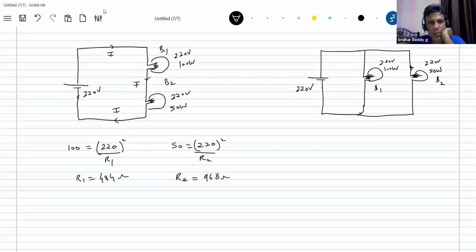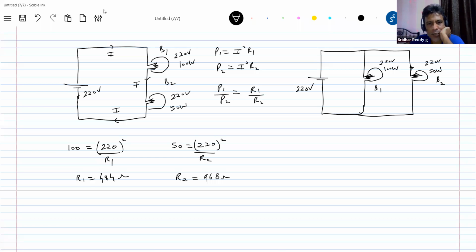Okay, now what is the power dissipated in the bulb? We'll check it. P1 equals I square R1. P2, no need to calculate, we can directly look at this. So I'll divide these two, P1 by P2. The same current, so it is R1 by R2.